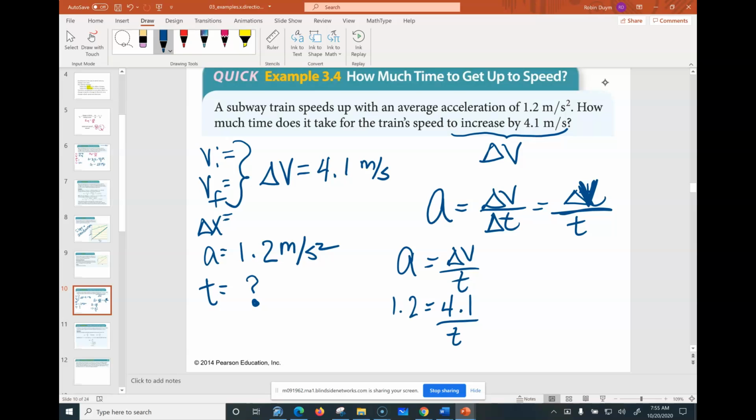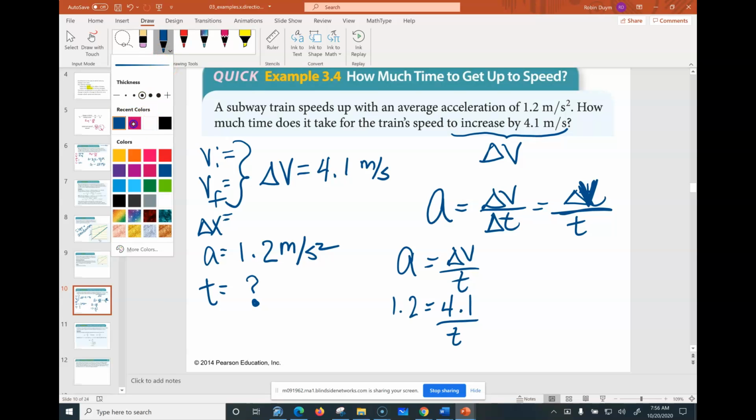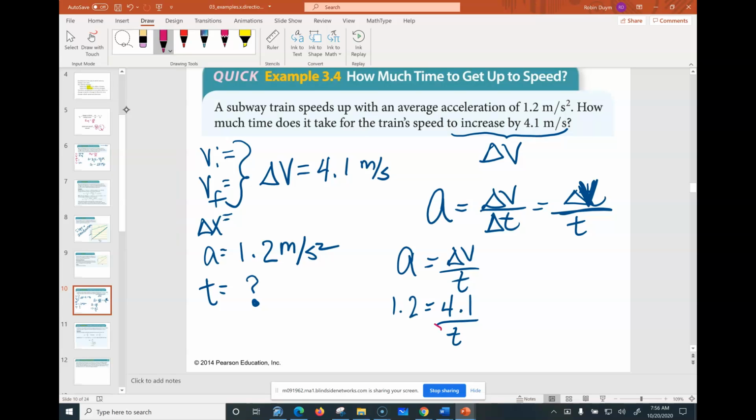A little shortcut, just to dust off the algebra cobwebs. When you have something like this, if you just swap these two, it works. t is equal to 4.1 over 1.2. How long did it take that train to speed up?